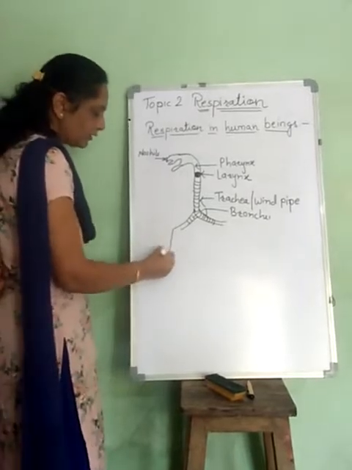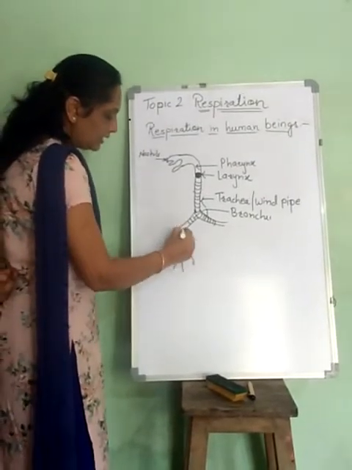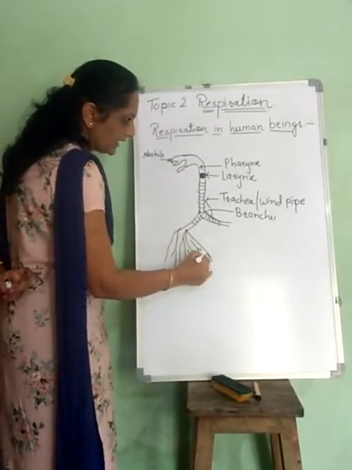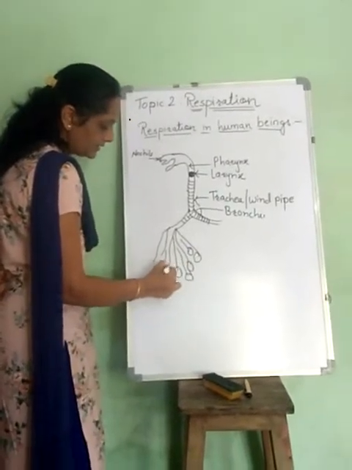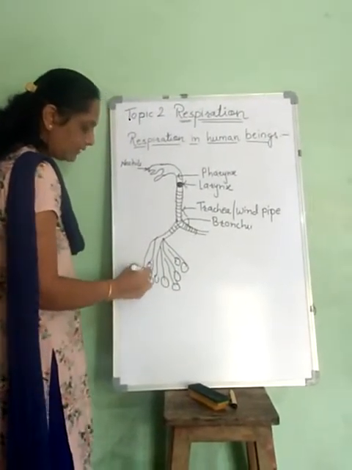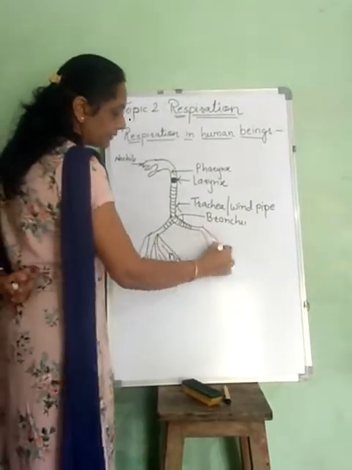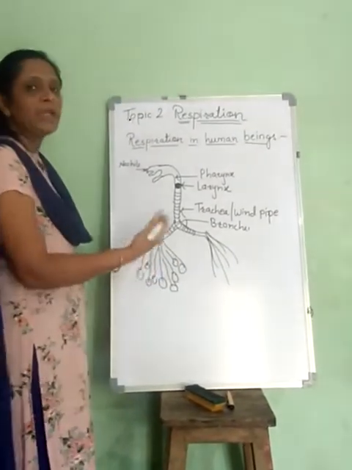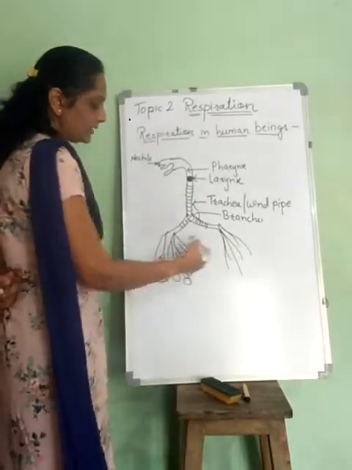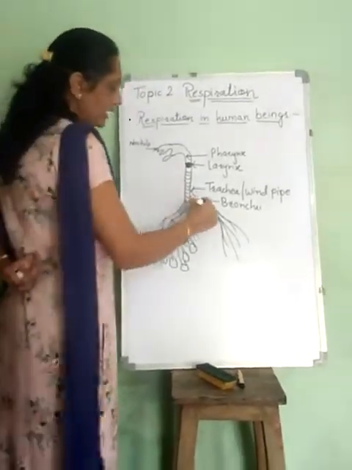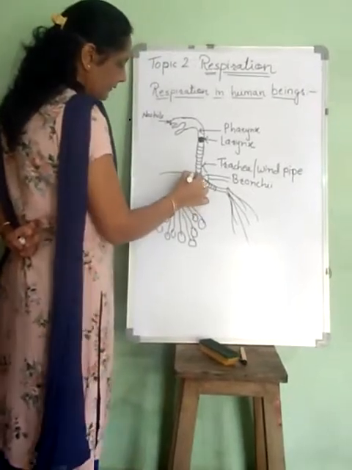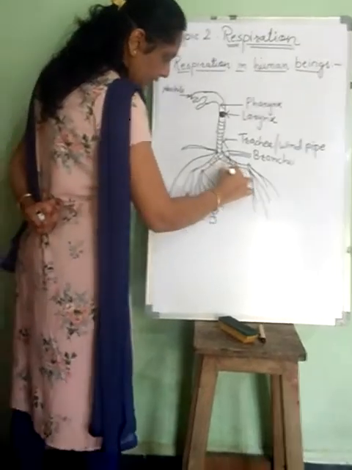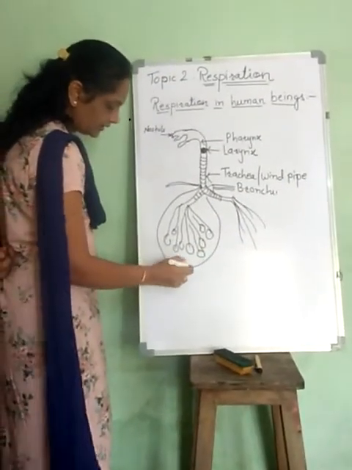These bronchi further divide into small tube-like structures, each with a small sac-like structure at its end, and these sac-like structures are called alveoli. A single one is an alveolus and many are alveoli, and these tube-like structures are bronchioles, which form the lungs. So these are the lungs.